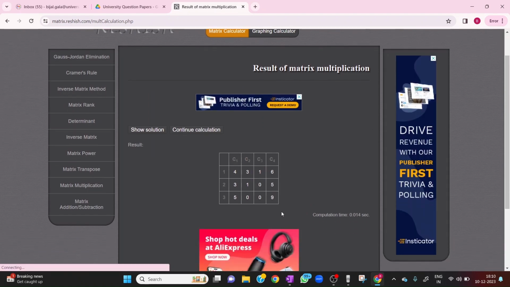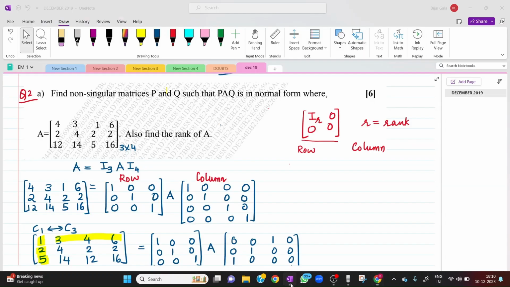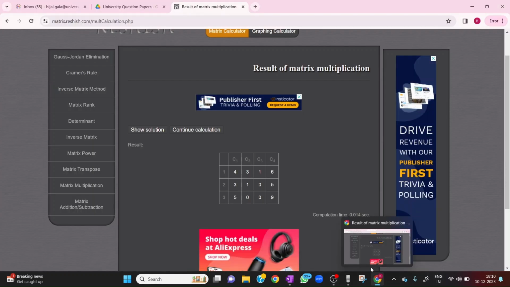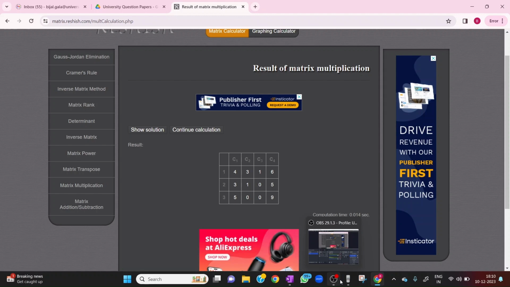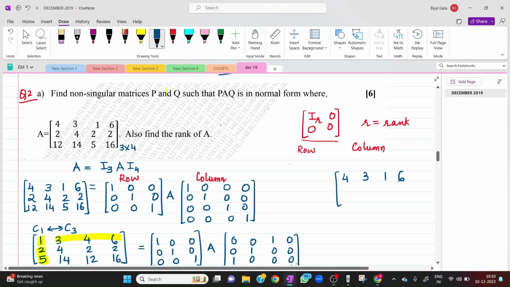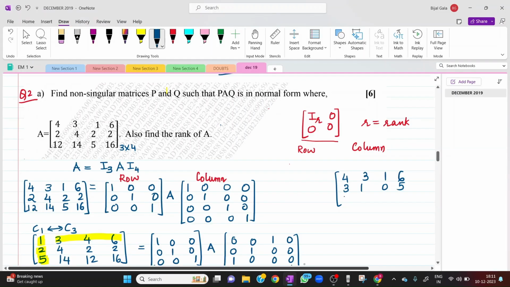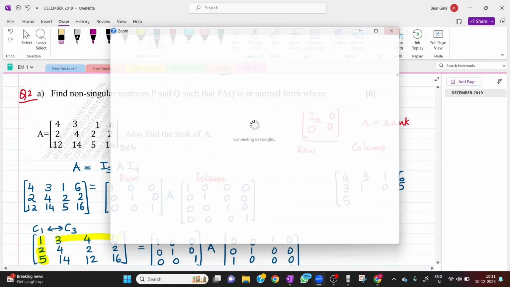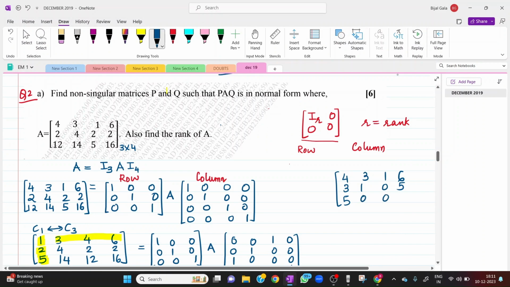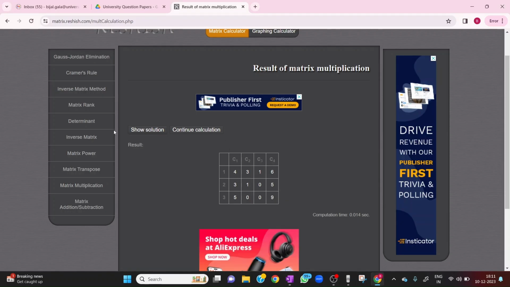I got this matrix. Let me note it down. This is some verification we are doing, not compulsory. So we got 4, 3, 1, 6, 3, 1, 0, 5, and the last row was 5, 0, 0, 9. Now this matrix is P into A. I have to multiply this with Q. So let me again do matrix multiplication.